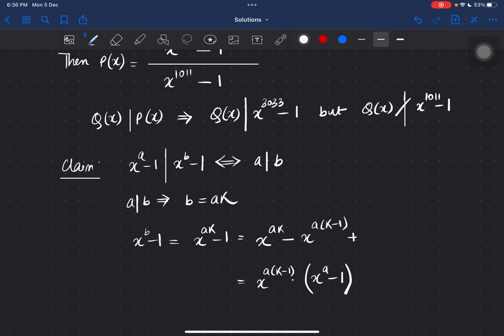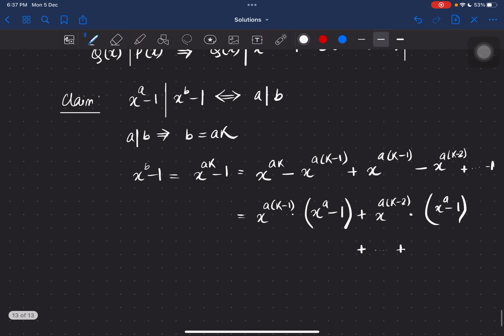Then we have to adjust it, so it's plus x^(ak - a). Then in the next step of the vanishing method, we will have x^(ak - 2a) times (x^a - 1), so it will be minus x^(ak - 2a), and so on. We have to adjust, and at last we'll get -1. This will decrease like this, so it is x.